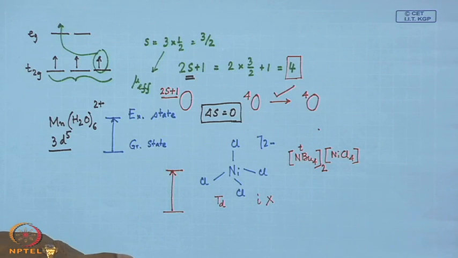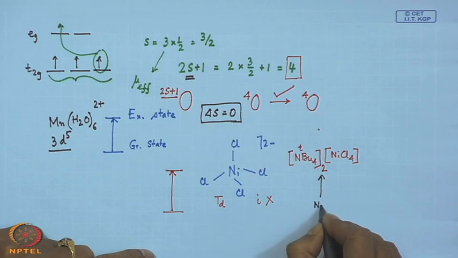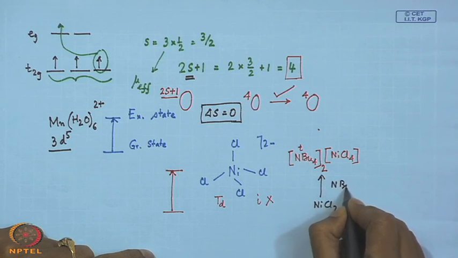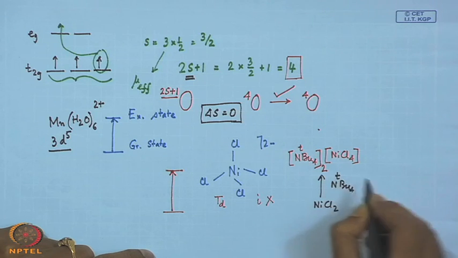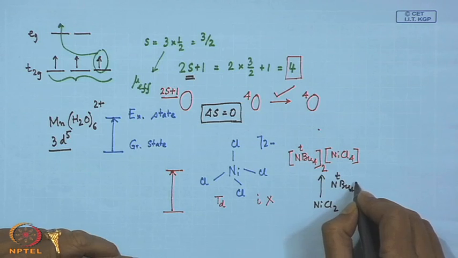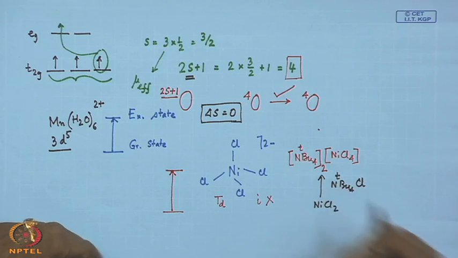So, this can be isolated in this particular salt, in presence of this acid or in presence of only NBu4, tetrabutyl, where the butyl group is tertiary.